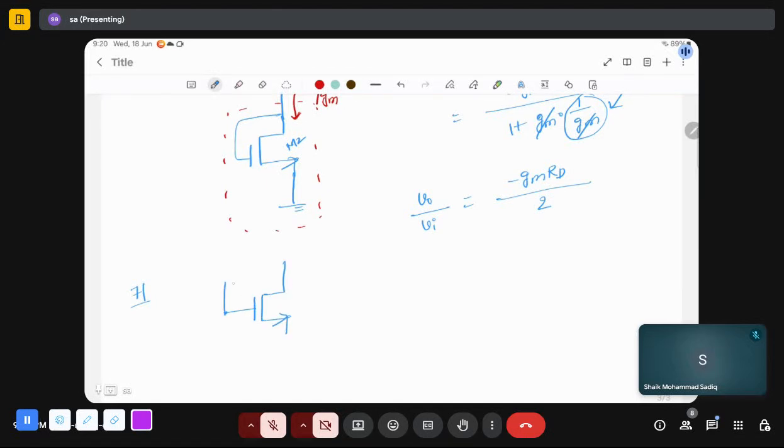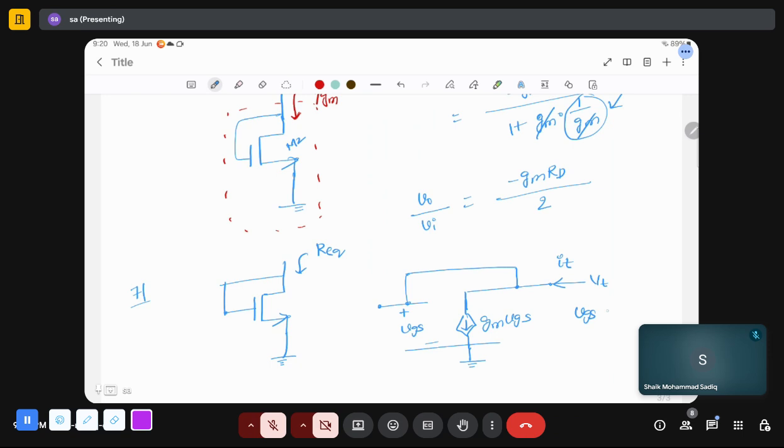This is called a diode connected MOSFET. To find R equivalent, draw the MOSFET small signal equivalent, with the current source gmVGS. Here you have VT, the current flowing is IT, and the gate is connected to drain. So what is VGS here?